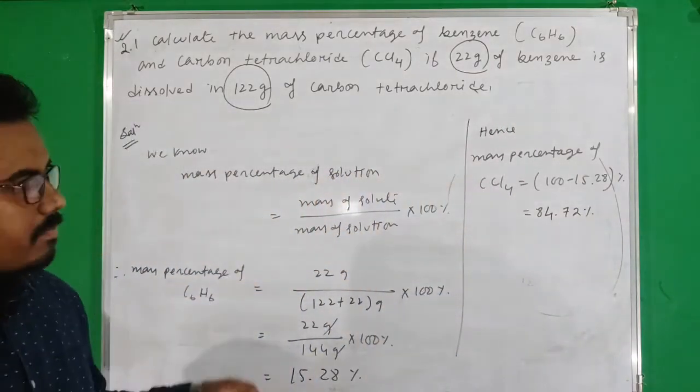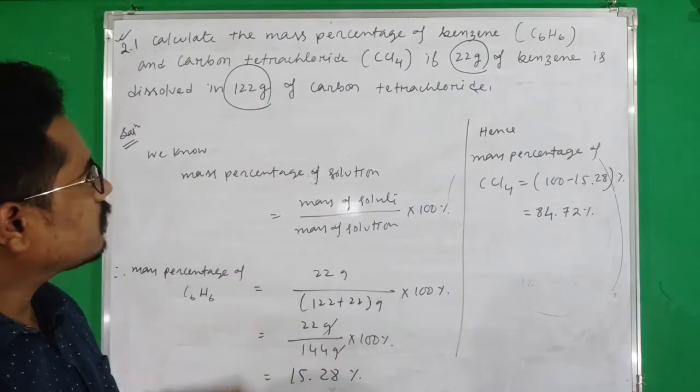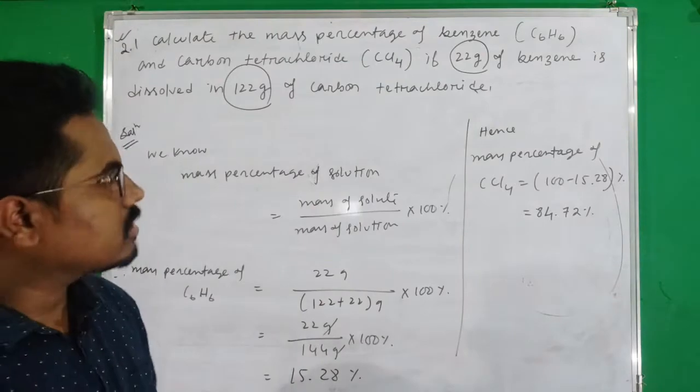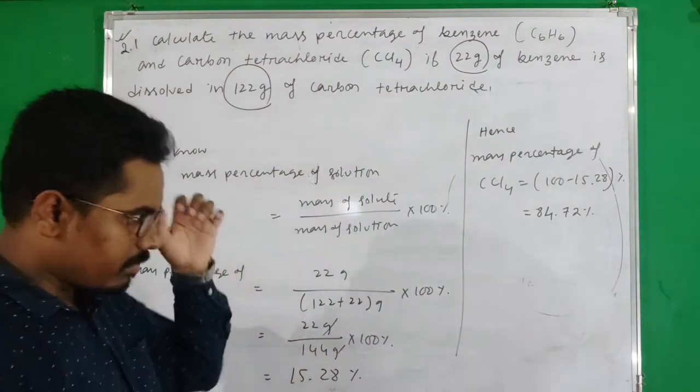So in this problem we have solved the mass percentage of carbon tetrachloride and benzene from the given data, which were the mass of solute and mass of solvent.